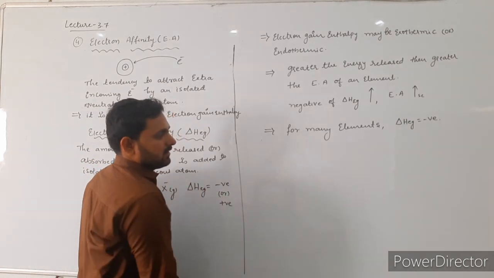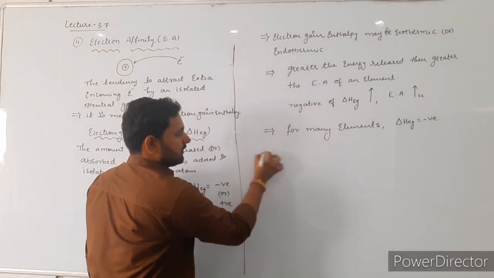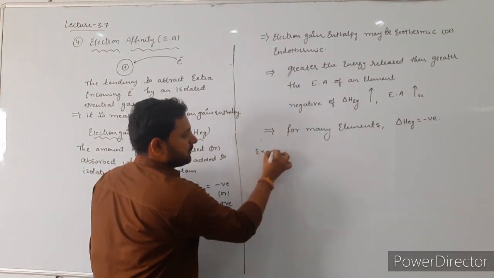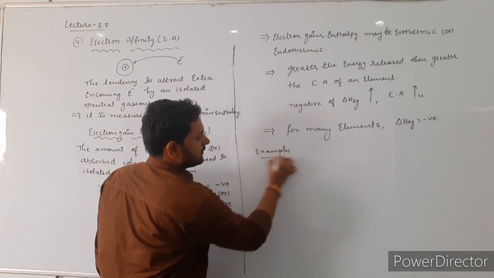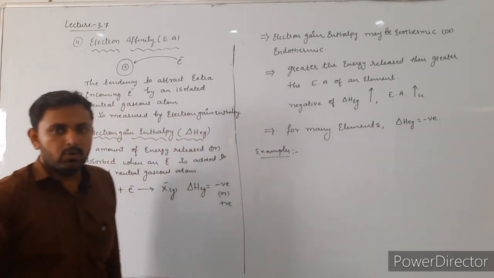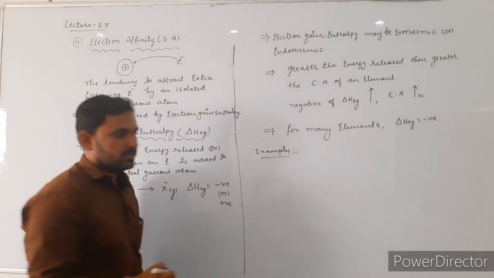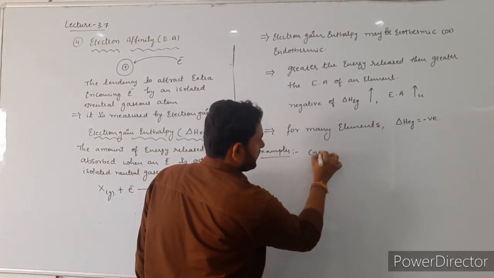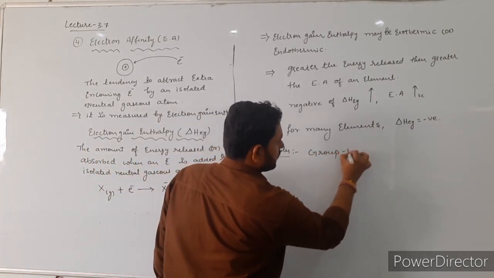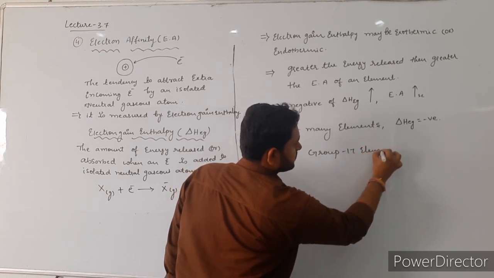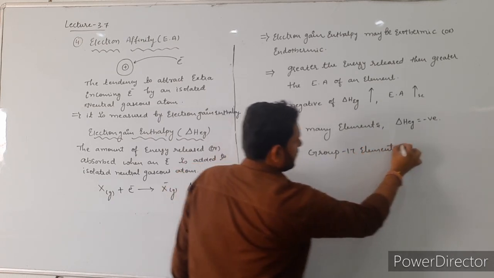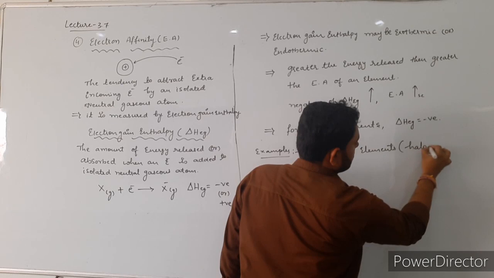Now let us discuss one example. Group 17 elements are halogens.